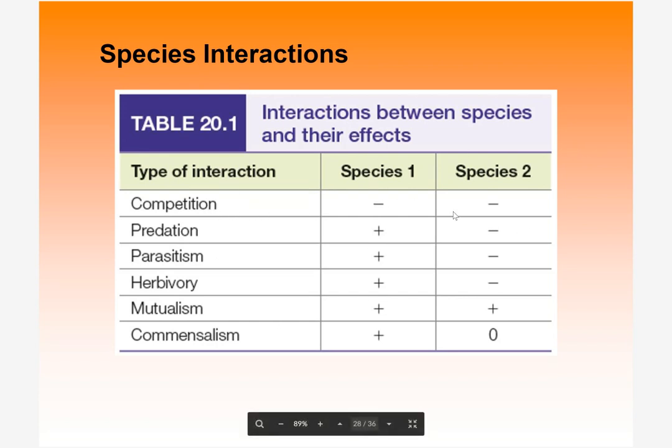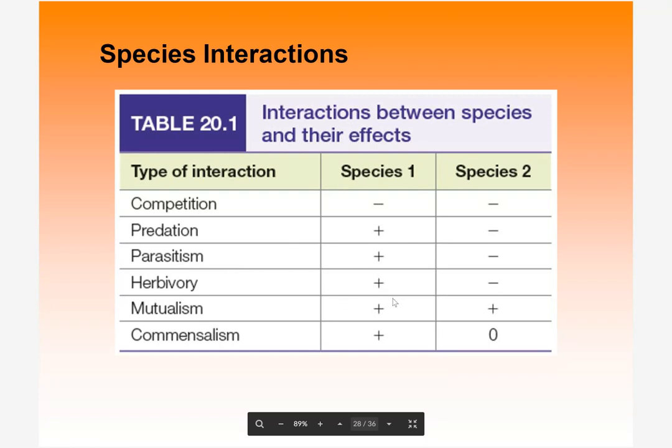Competition can be negative for both, but there's resource partitioning, which I'm just going to outline here quickly, that can help improve that, especially over generations. Predation: the predator benefits, and the prey does not. Parasites benefit, and the host does not. The same goes for when omnivores or herbivores eat plants.